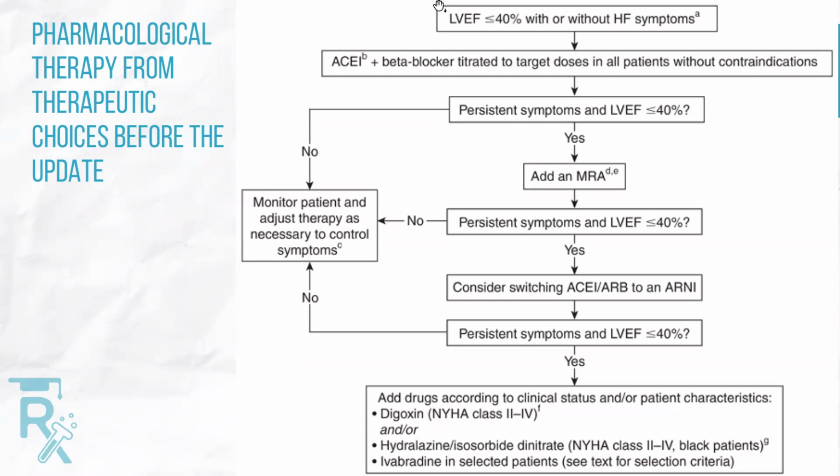So the surgery might be considered for a Black patient, but before going to the surgery, the doctor will try hydralazine and isosorbide dinitrate, because surgery generally is a last line. I will not go to the surgery unless I know that all medications are not working very well for the patient. So only for the Black patient, adding hydralazine and isosorbide dinitrate might help me in avoiding the surgery in those patients. But if hydralazine and isosorbide dinitrate didn't work for them, I will consider the surgery for them.